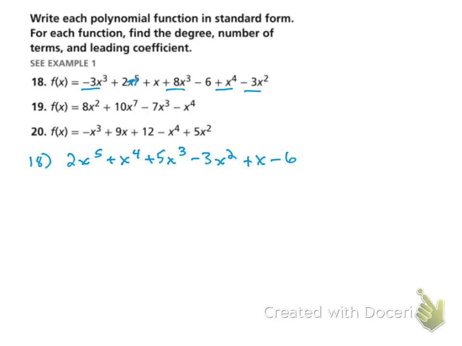So the degree would be 5, which means it is quintic. The number of terms is 1, 2, 3, 4, 5, 6. And the leading coefficient is 2.